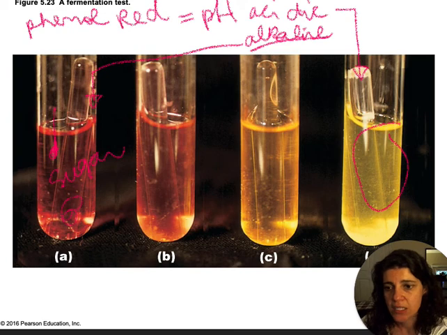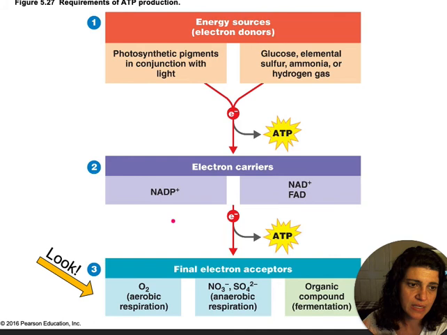All right, I am going to stop here and I'm going to leave you with this image and I want you to think about what this is. I think you already learned all this. So this is just a review of the ATP production and what are the requirements.